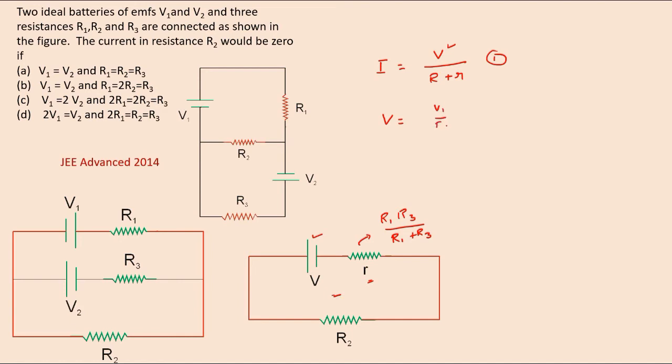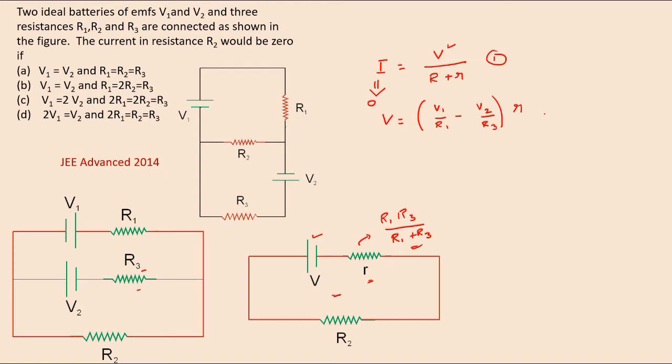V1 by R1 minus V2 by R3, because here you have R3, into R, where R is this, but I want to keep it as R itself, but we want the current to be 0 according to the question.